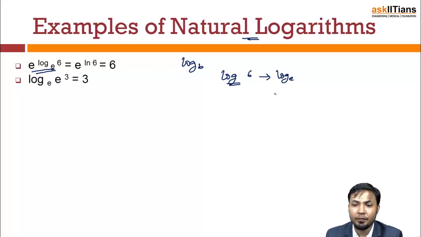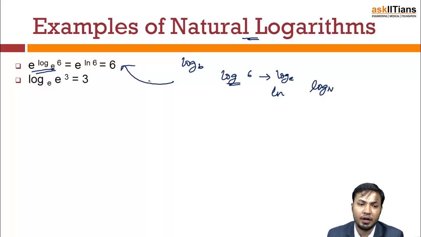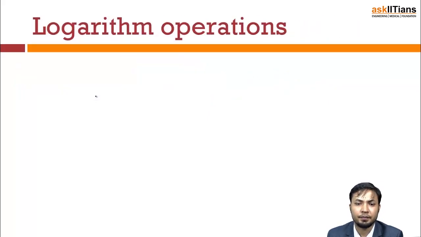But when I write ln, that basically means log base e. That is what is explained over here. Similarly, if you see it over here, in normal form, if just log 6 is written, then you need to understand that the base is always e. That is the exponent.